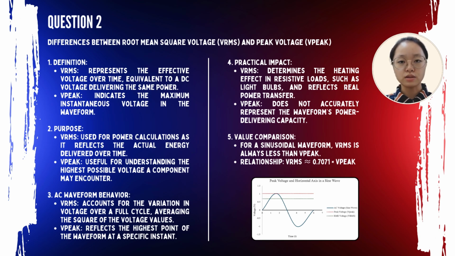Lastly, in sinusoidal waveforms, RMS voltage is always smaller than peak voltage, with a relationship of approximately 0.7071 times peak voltage. These differences highlight the importance of understanding both values for designing and analyzing electrical circuits effectively.